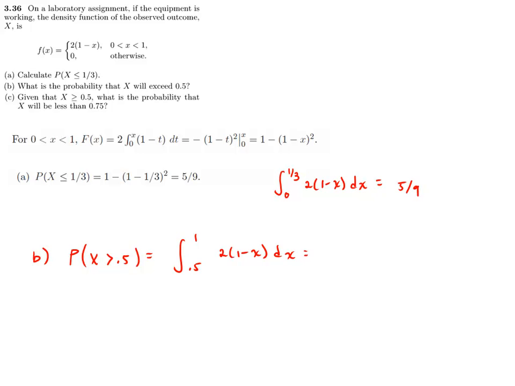And then part C, given that x is greater or equal to 0.5, what is the probability that x will be less than 0.75? So these are mixing some of the concepts that we already know. So this is the probability of x being less than 0.75 given that x is greater or equal to 0.5.